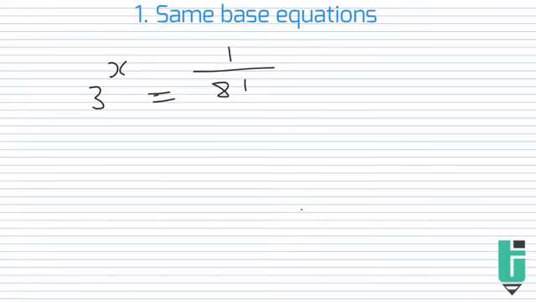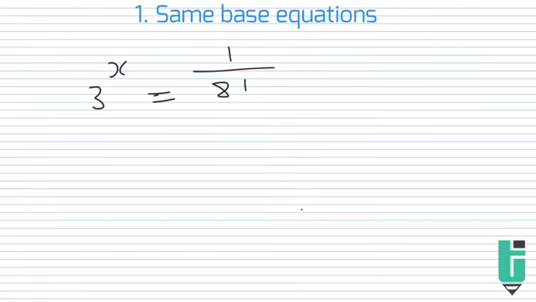So looking at this next example, what would we do in this case? On the left side, we have 3 to the power x. 3 is in the simplest form, or the simplest base. We can't really break that down to anything else. And on the right side, we have 1 over 81. So our goal is to find a common base. What can we do?